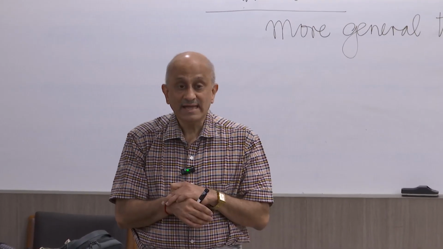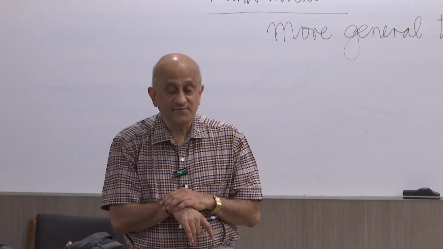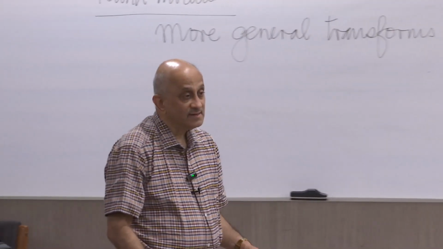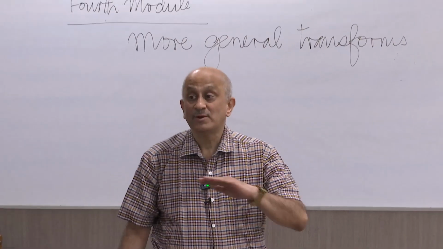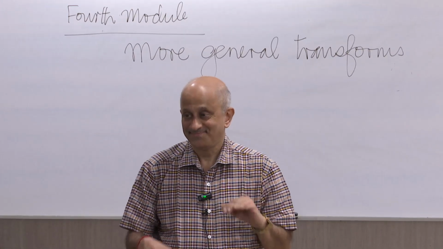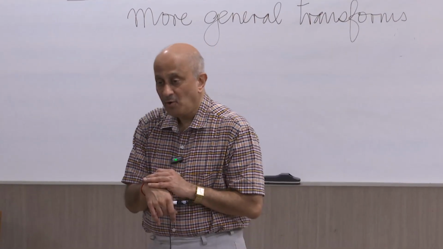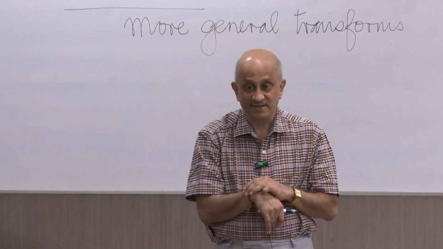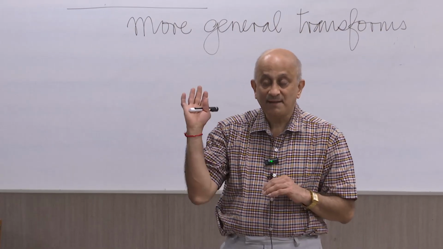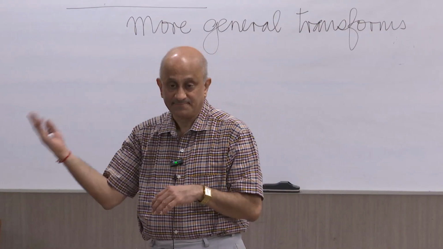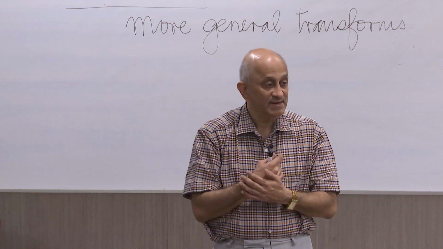And now the intent here, in the fourth module, is to look at transforms that can deal with a wider class of signals. What was the problem with the Fourier transform? All signals do not have a Fourier transform, right? You took the example of an exponentially growing signal whose Fourier transform does not converge.